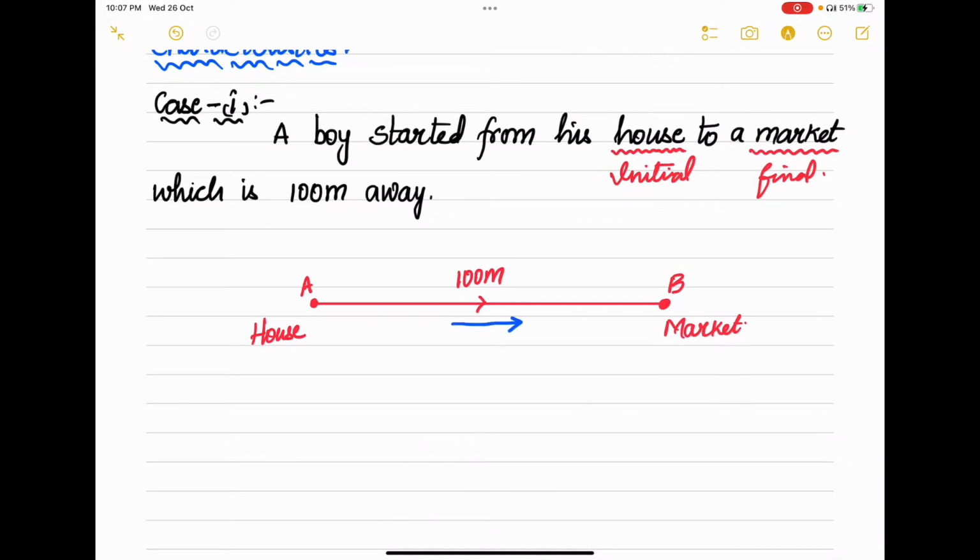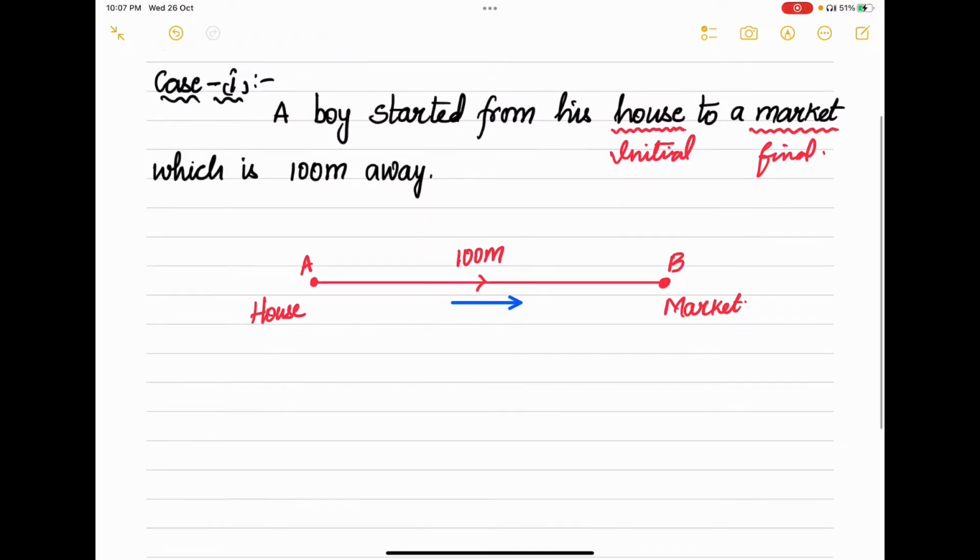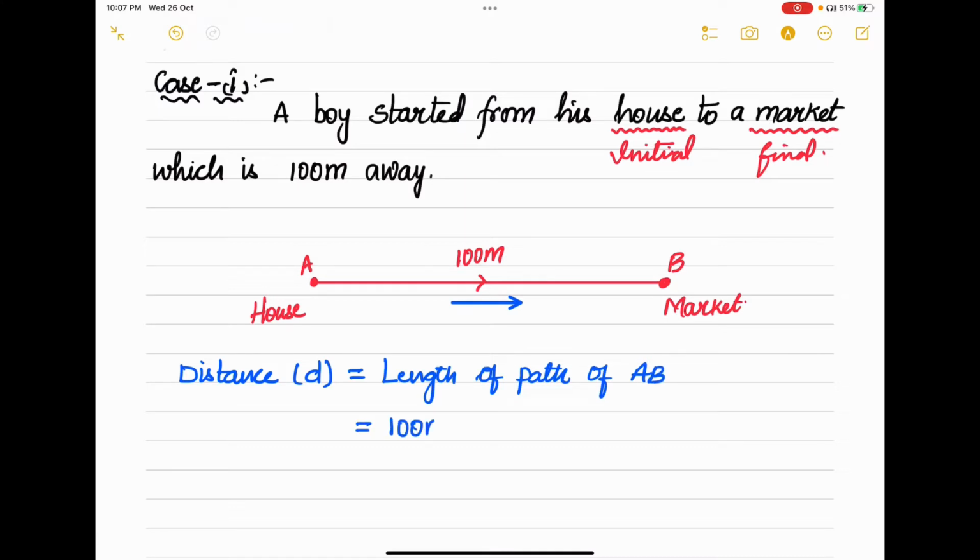So in this example, the distance traveled by the boy is, as we learned, the length of path AB. The length of path AB, from the figure, is around 100 meter.